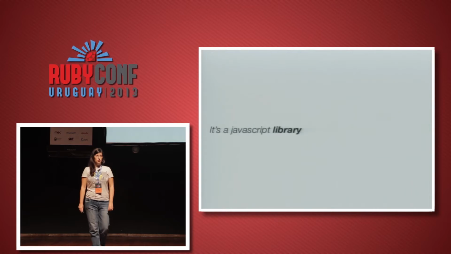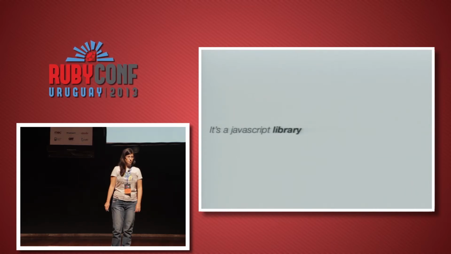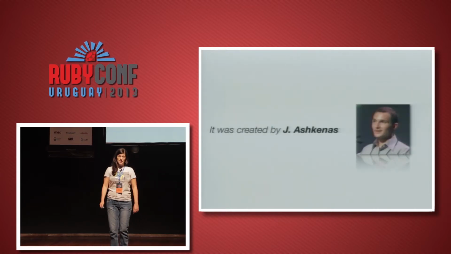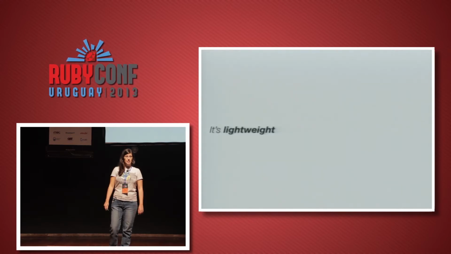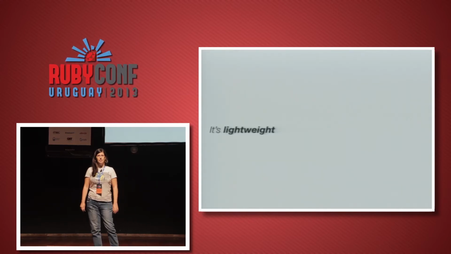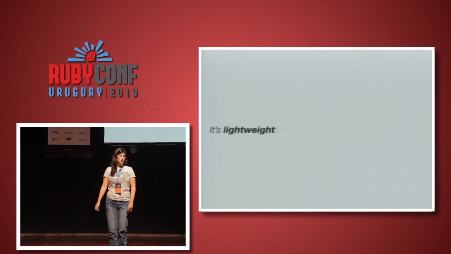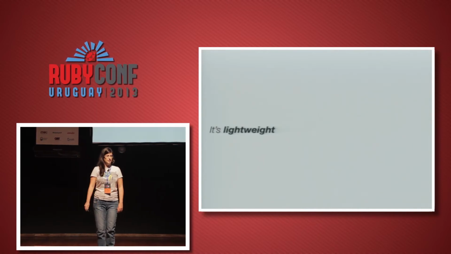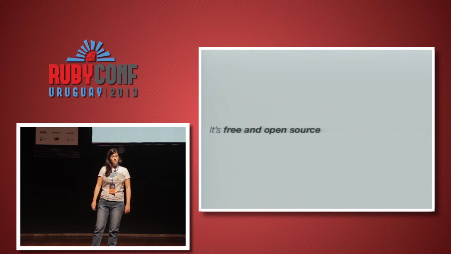First of all, what is Backbone? It is a library. It was created by Jeremy Ashkenas. It is lightweight. It has about 1,500 lines of commented code, so it's easy to read.